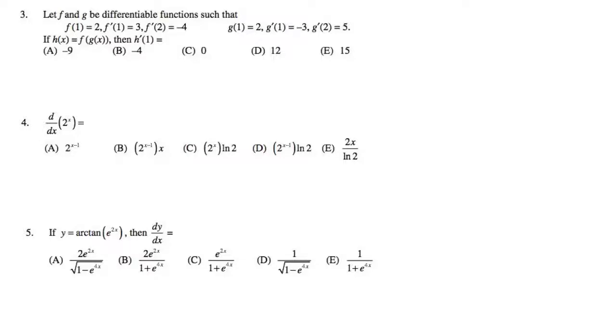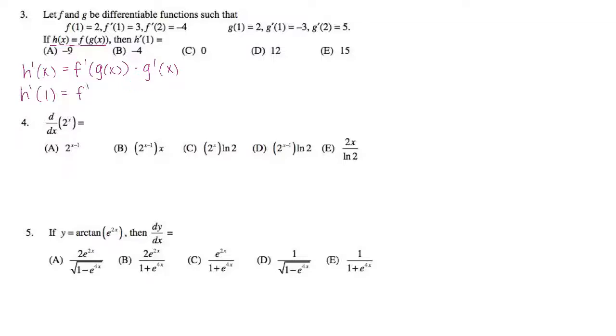Right, for number 3, it looks like we have a chain rule situation set up here. So let's go ahead and find our derivative. So h prime at x, it's going to be the derivative of the outside times the derivative of the inside. And now we want to know what h prime at 1 is going to be.